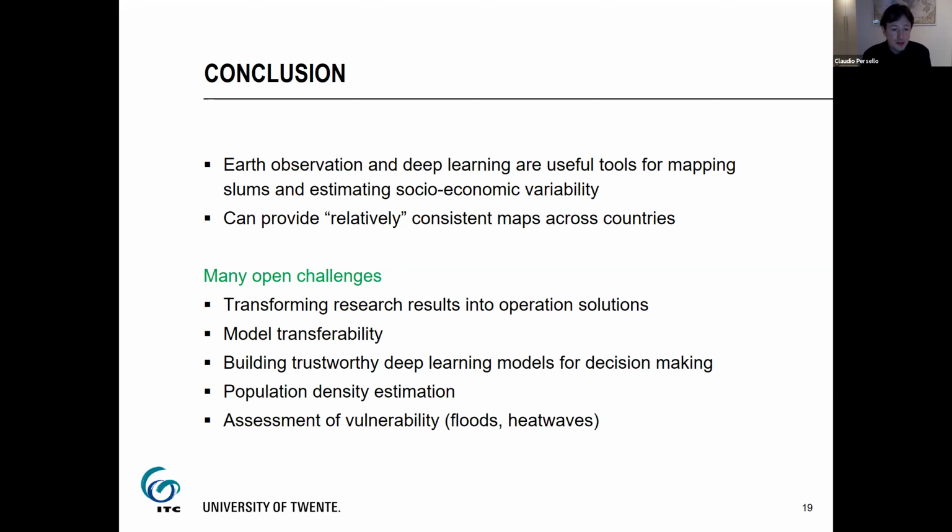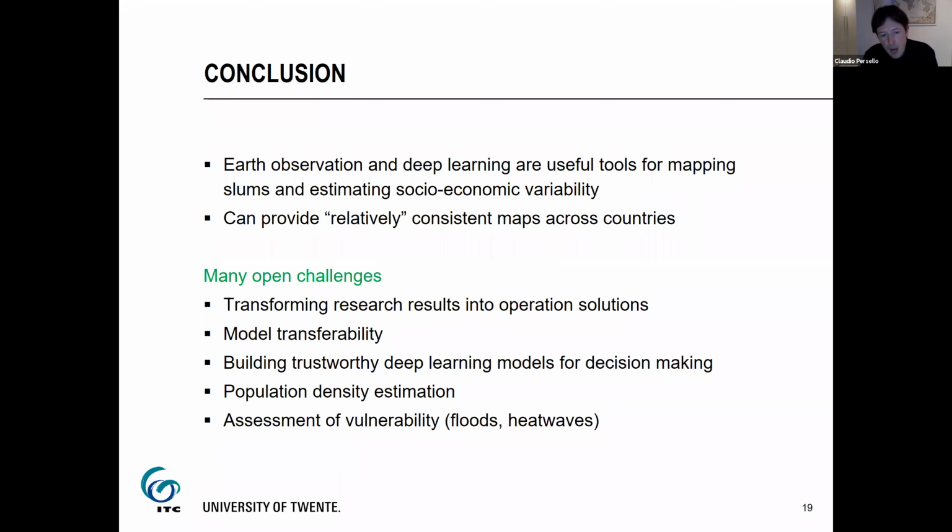Other open issues are related to estimating population density. It's still a big problem, also because current statistics based on census data are often not comparable or inaccurate, or there are many inconsistencies in the currently available data.